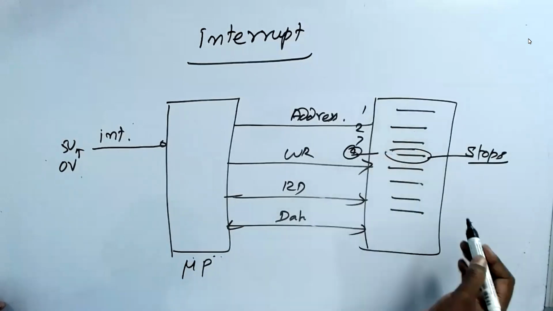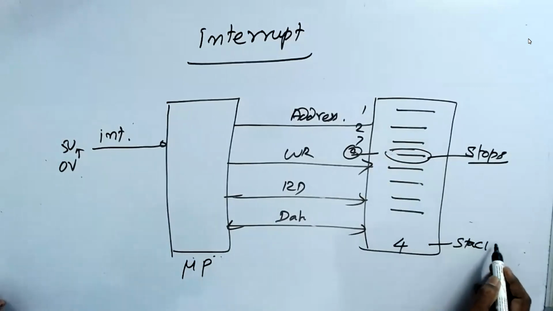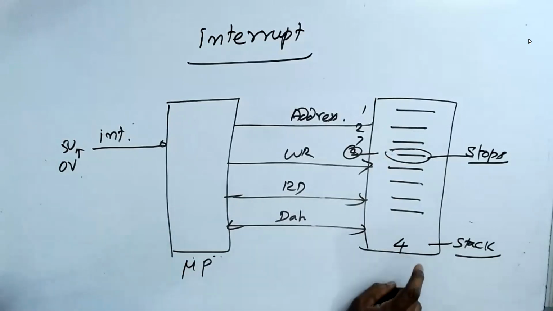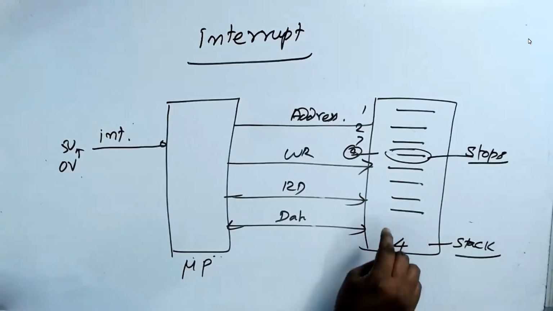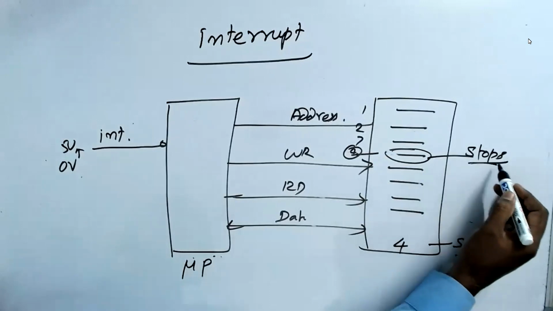It stores the 4 somewhere in the memory. We call it a stack. Then, after storing the 4 there, this microprocessor jumps to the ISR.